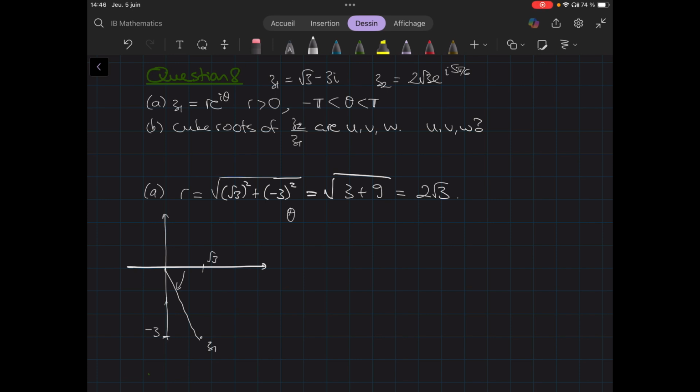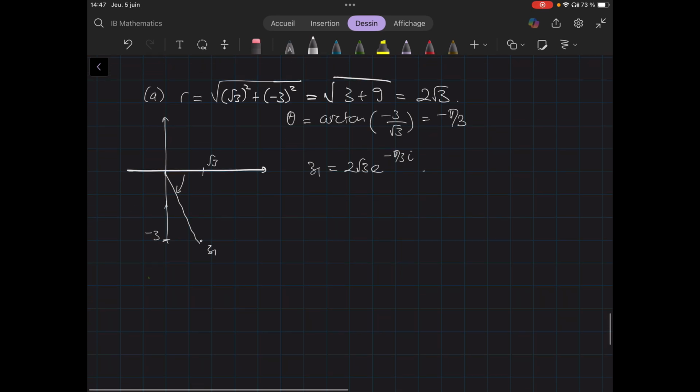So theta is going to be the arctan of negative 3 divided by root 3, and it should give you negative pi by 3, which makes perfect sense. Therefore, z1 is 2 root 3 e to the negative pi by 3 times i. Easy peasy.